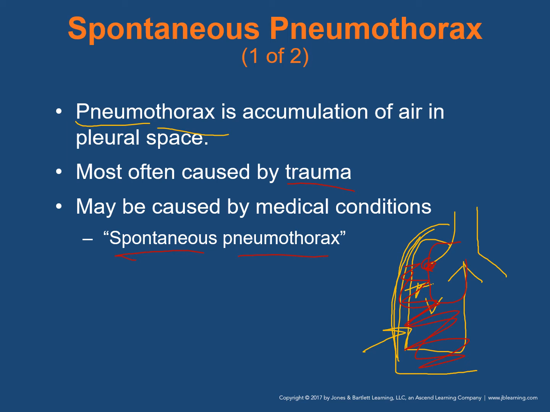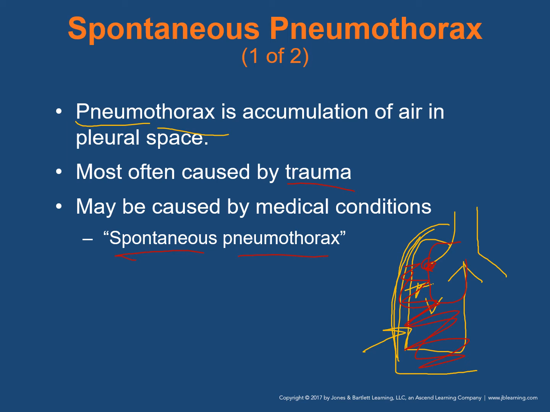Thin, tall males who grow, I think, quickly might have weakened spots in their lung tissue, and they are prime targets for spontaneous pneumo, as well as somebody with a chronic lung disease coughing, and that incredible pressure buildup can cause problems.